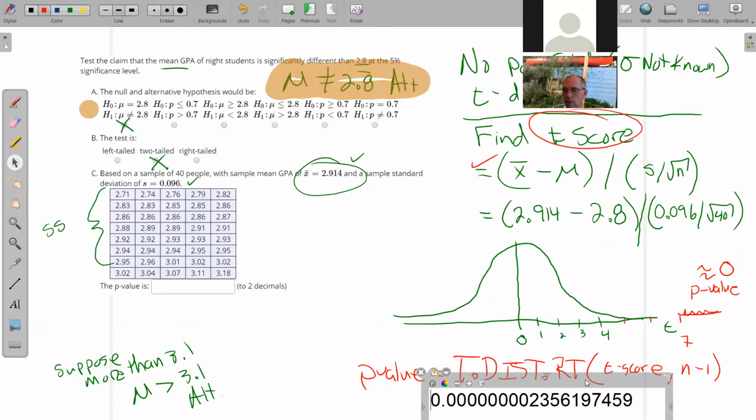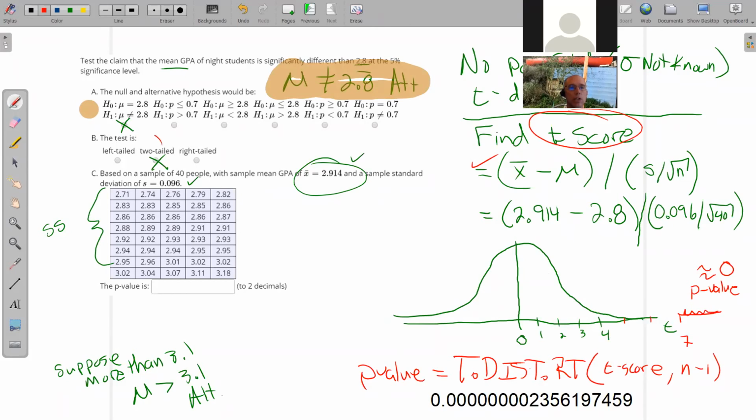All right, so I was guessing it was about 0 because I thought a z-score is like a t-score. Usually data is within like 3 standard deviations, maybe 2. We're at 7. Now, this is a two-tailed test, right? So whatever happens out here, I have to reflect to the other side.